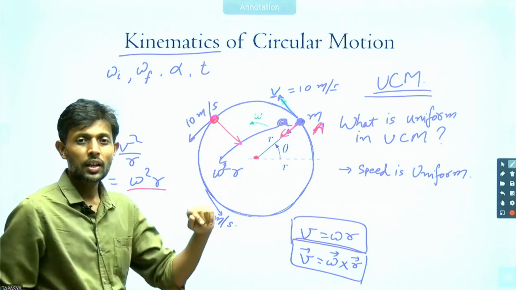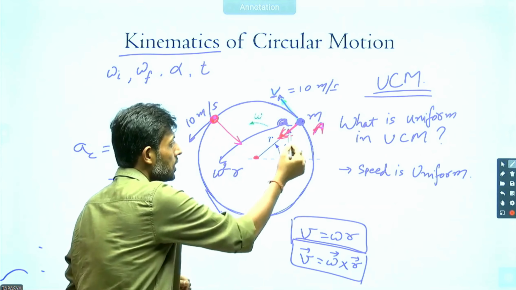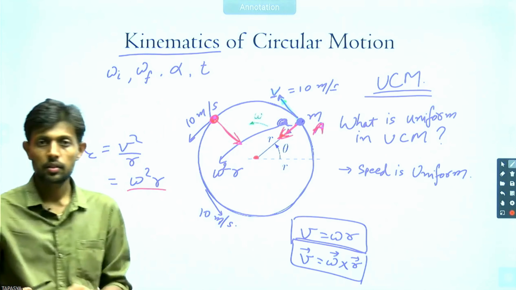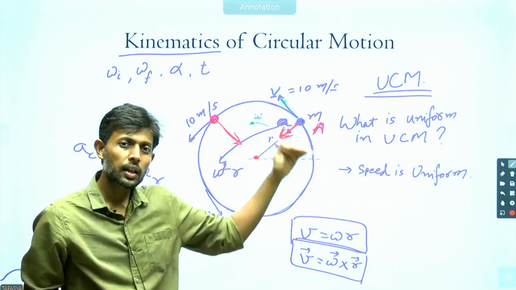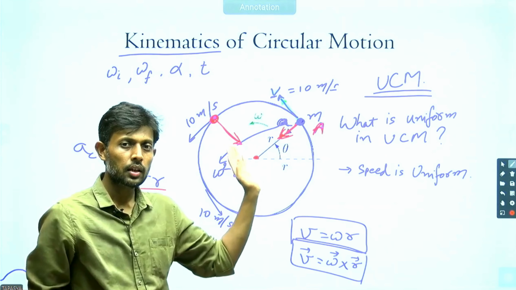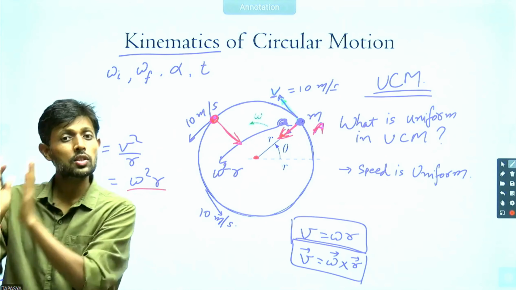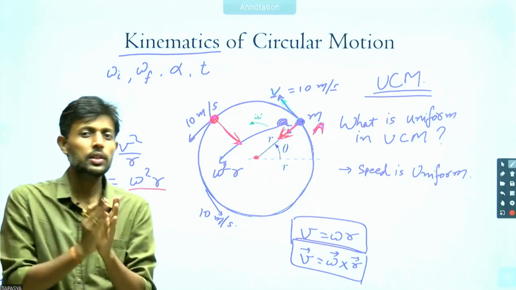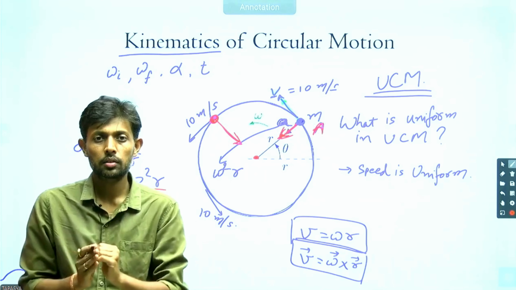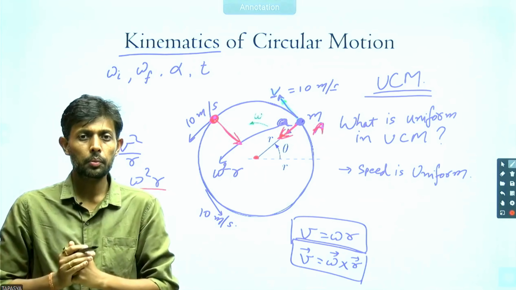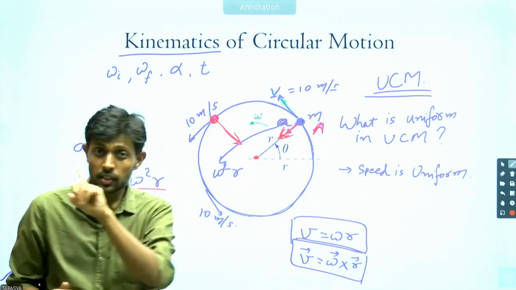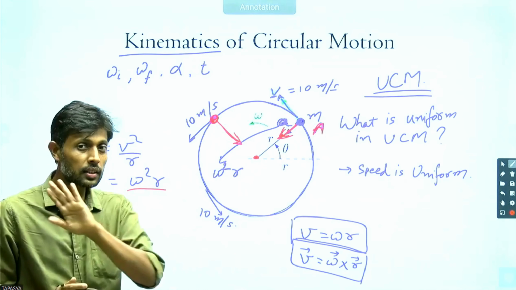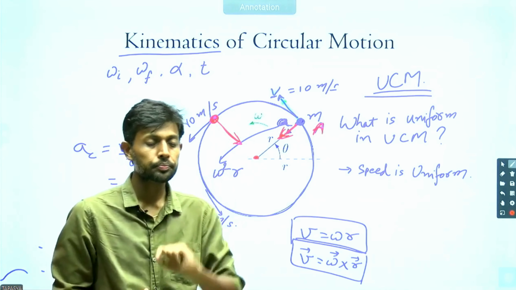So direction has changed now, right? Earlier the direction was this, now the direction is this. If the magnitude of acceleration is the same, but the direction has changed, can we say that the acceleration is constant, or the acceleration is uniform? We can see since the direction is changing, acceleration is not uniform at all. So acceleration is not uniform.